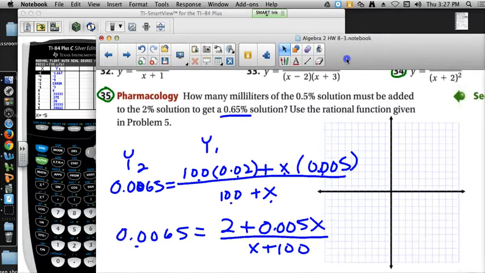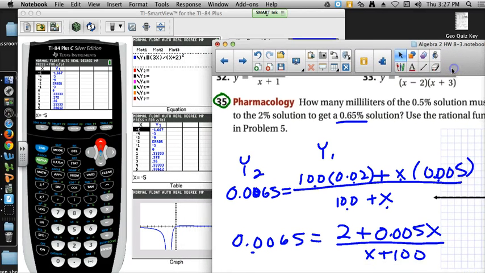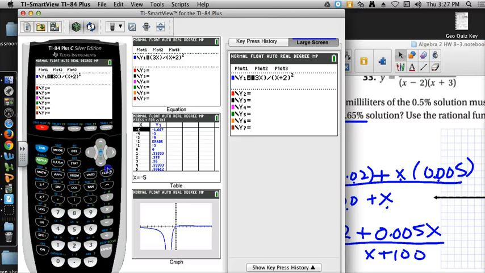So let me try this with the graphing calculator and see if it behaves itself. All right, so y equals, and we have our parentheses, 2 plus 0.005x divided by, after you finish your parentheses there, parentheses x plus 100.